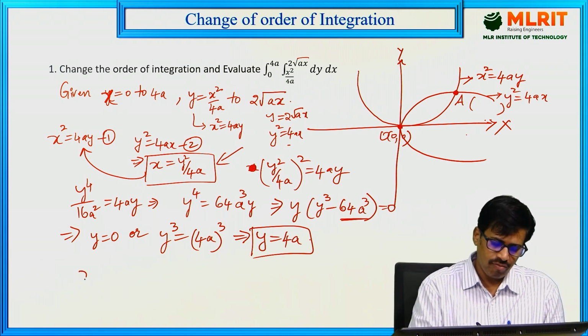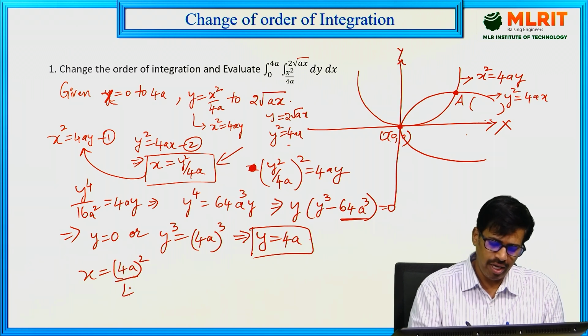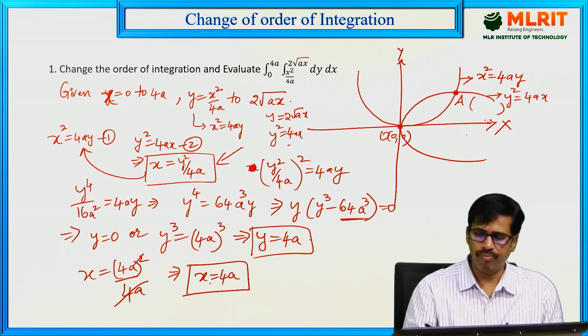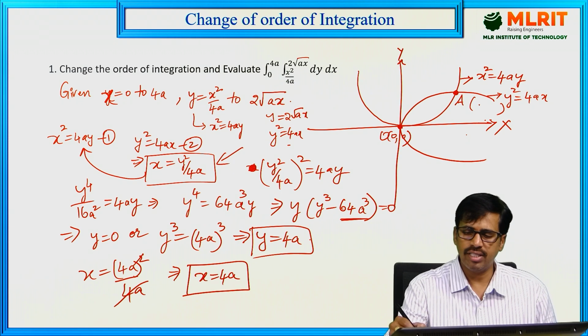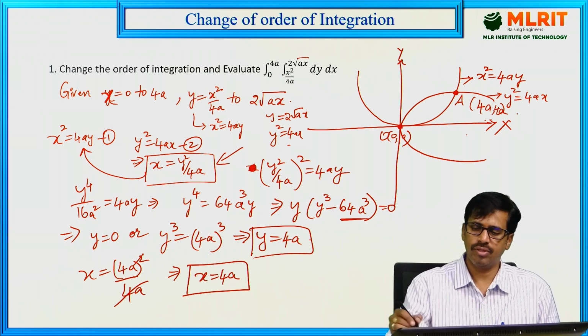So x is equal to y square by 4a, that is 4a whole square by 4a. So one 4a gets cancelled. x is also equal to 4a. So we got this point of intersection, 4a comma 4a, right?